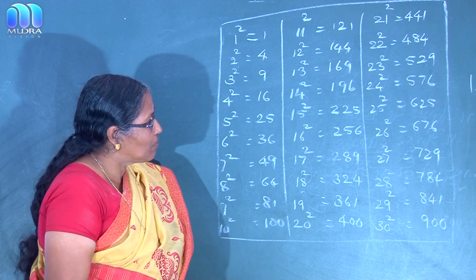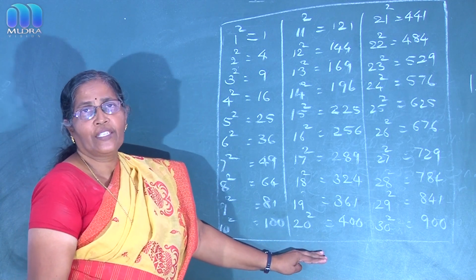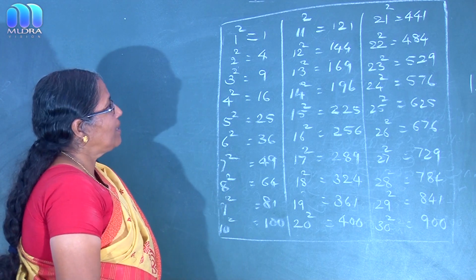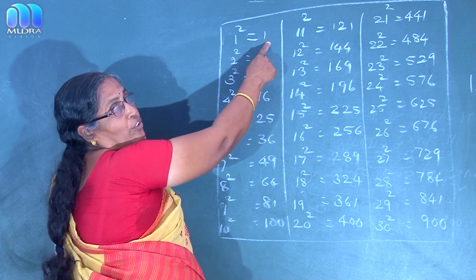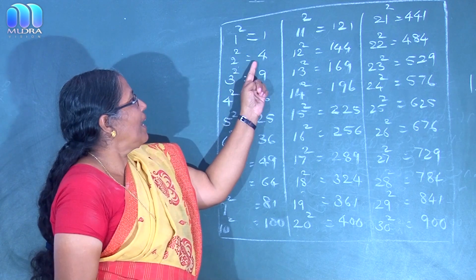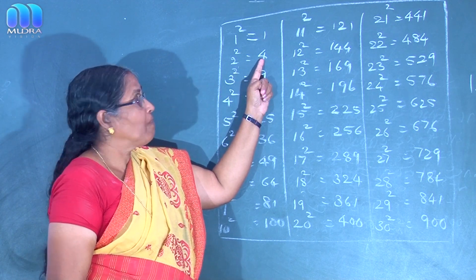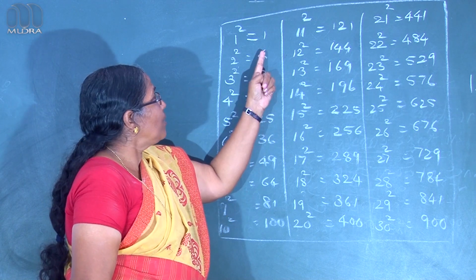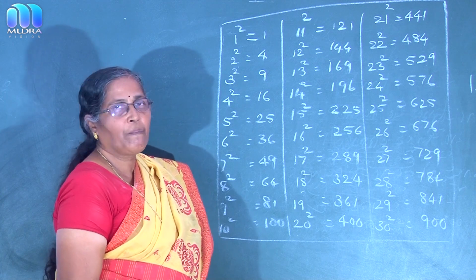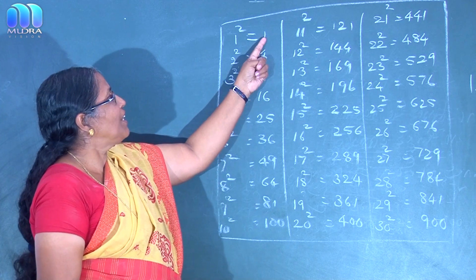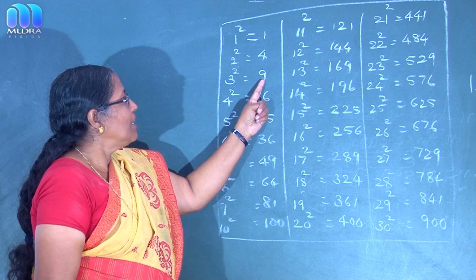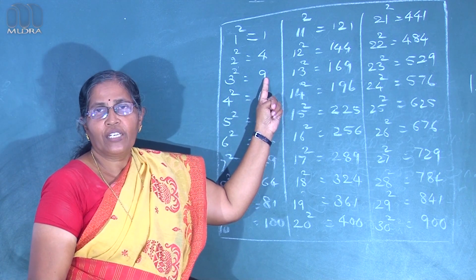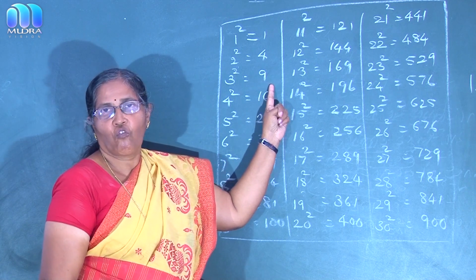Then look at this board. We can find another speciality for square numbers. The first one is 1 and the next one is 4, then 9, 16. Can you divide these numbers by 3? Yes. If we divide the numbers by 3, it will be either a multiple of 3 or the remainder will be 1.